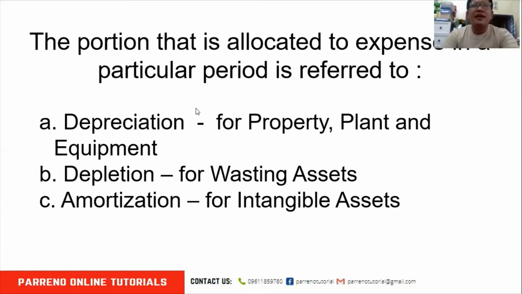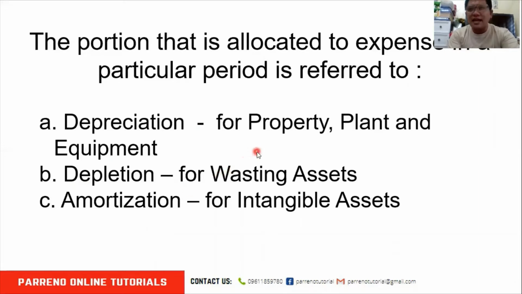We have different names for those expenses depending on the associated assets. The concept for depreciation, depletion, and amortization is the same. It depends on which asset it is associated with.